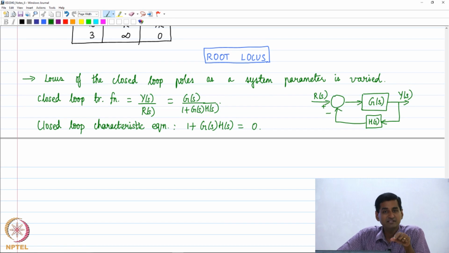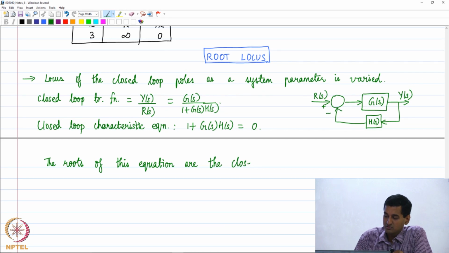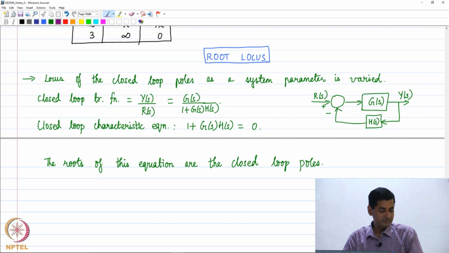The roots of this equation are the closed loop poles. So that's something which we already know.